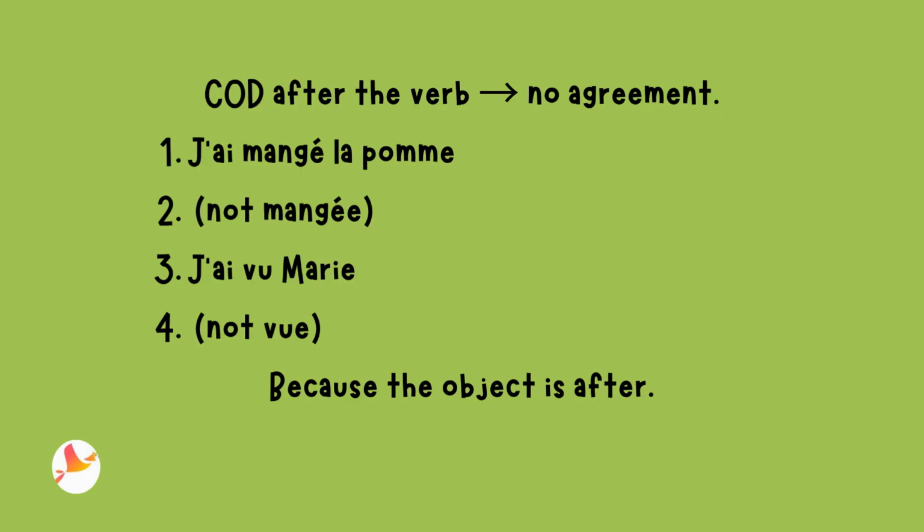Or if we see j'ai vu Marie, we do not have an extra E added to vu, the past participle, because the object, in these cases, la pomme and Marie, they come after the verb. And they come after the helping verb. Therefore, they are not going to trigger an agreement between the past participle and the subject.